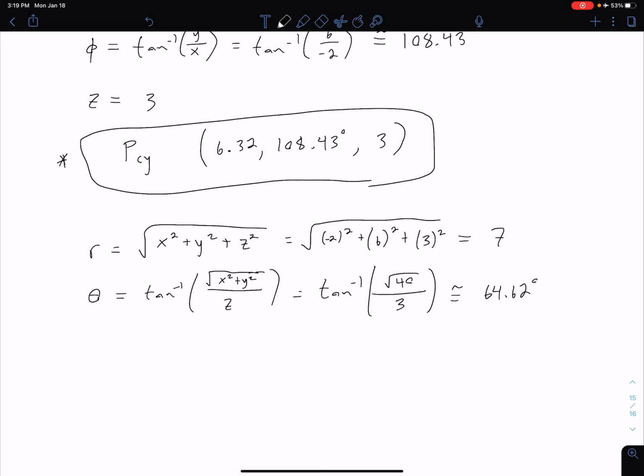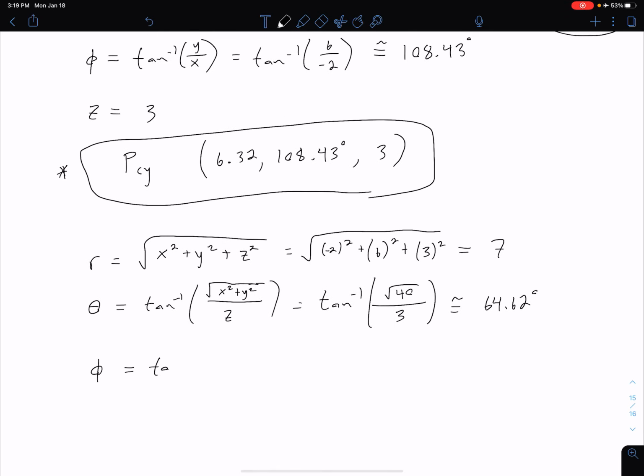We get that this is approximately 64.62 degrees. And then finally, our phi is going to be the same as we had above for cylindrical, but let's just go ahead and write it. We have inverse tangent of y divided by x, which is equal to, as we saw above, approximately 108.43 degrees.